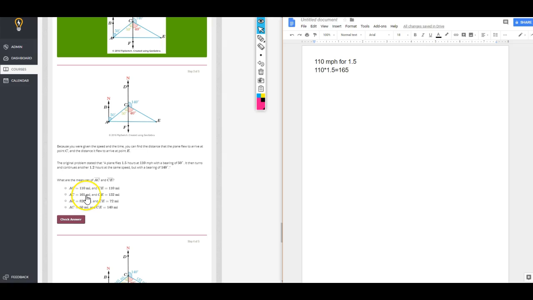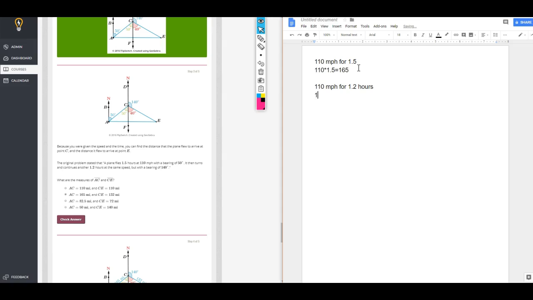And since this is the only option that has 165 miles, I'm going to verify that CE is 132. So we would do the same thing. It was traveling at 110 miles per hour for 1.2 hours.